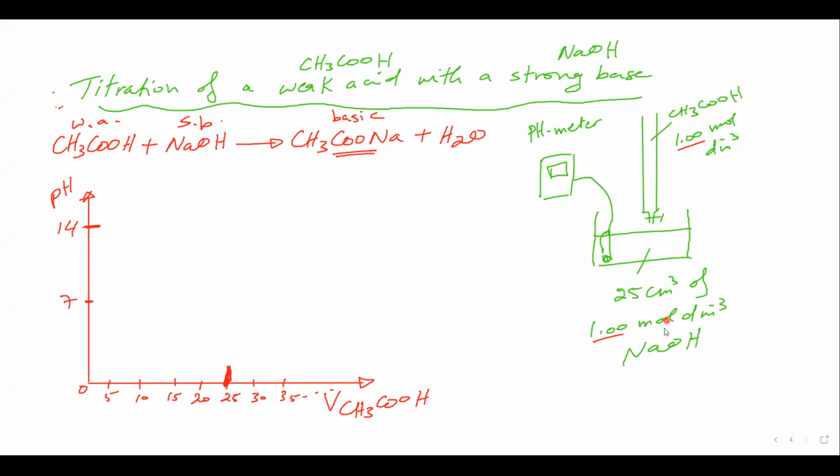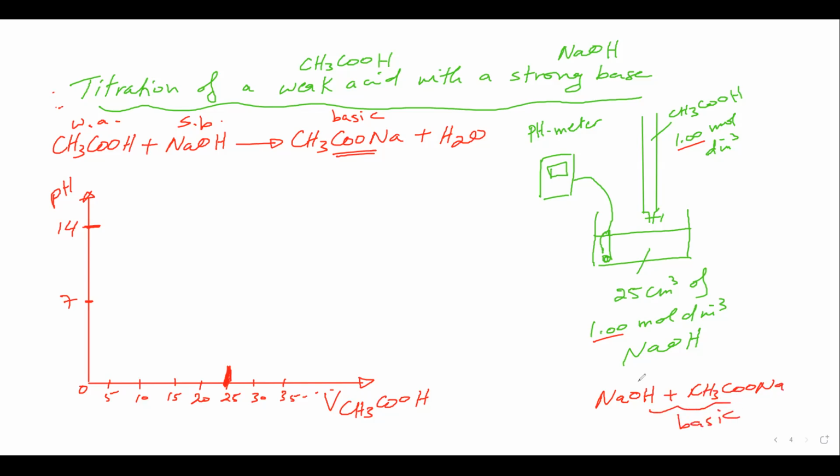And the rest of the solution, the 20 cm³, is still present as sodium hydroxide. So in the solution we have sodium hydroxide and sodium ethanoate, and both of them are basic.